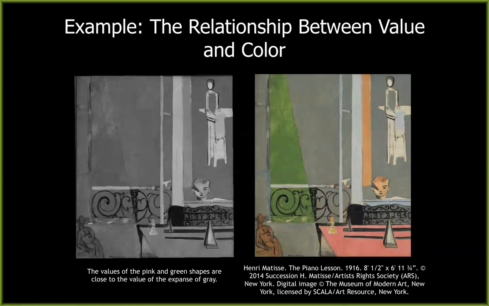But then once you add color, you can see how color takes an unbalanced grayscale drawing and balances it out. So you have high contrast with the pink and the green, which tend to be complementary colors. And then you have the really light object in the upper right.